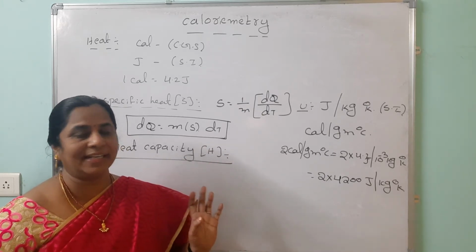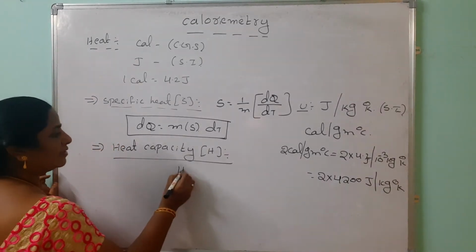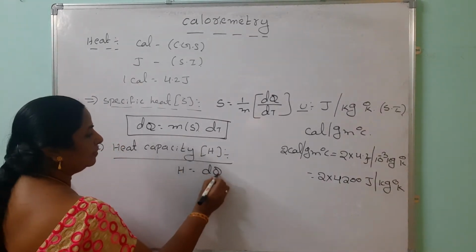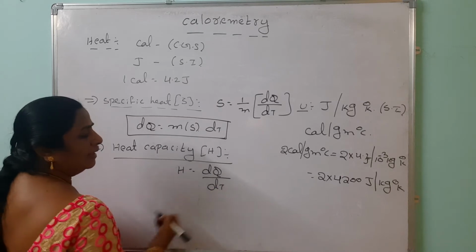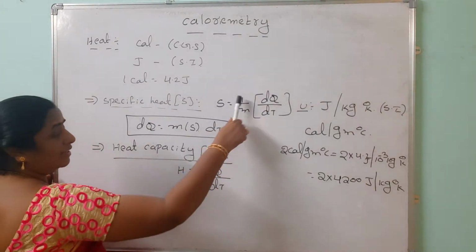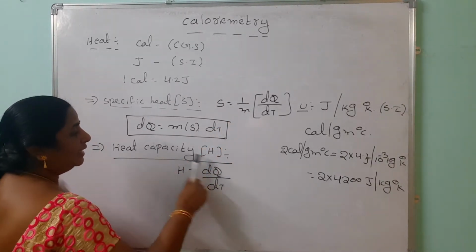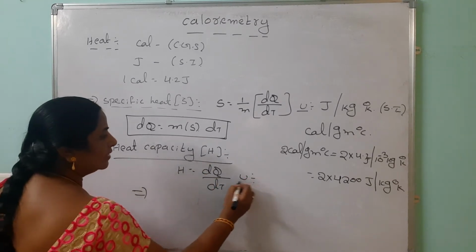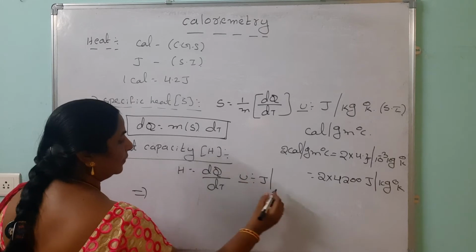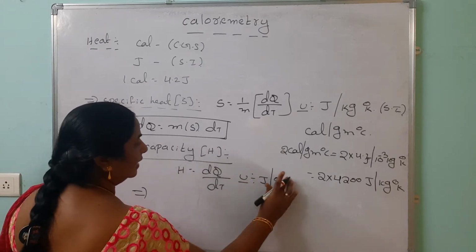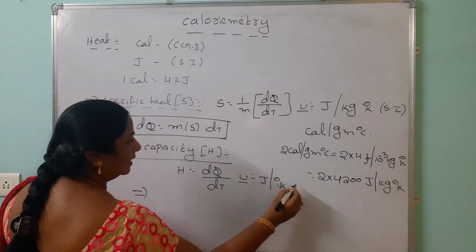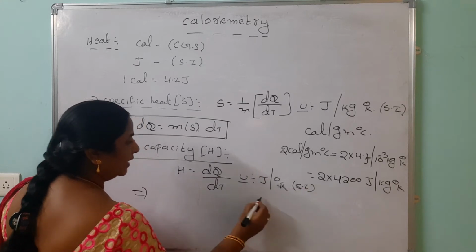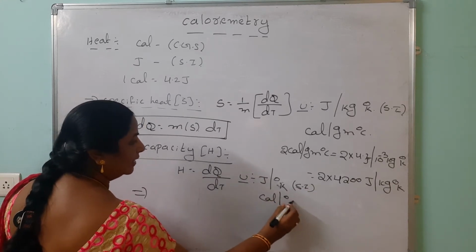That is called the heat capacity. So H equals dQ by dT. In the case of S we take unit mass, but here we didn't take unit mass. The unit is joule per degree centigrade or degree Kelvin, and in the CGS system it is calorie per degree centigrade.